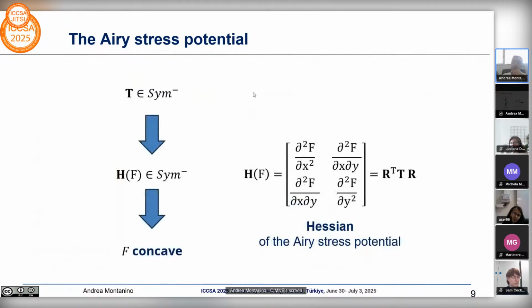Therefore, we have to translate the material condition from a condition on the stress into a condition on the Airy stress potential. If the stress is negative semi-definite, the Hessian of the Airy stress potential is negative semi-definite, meaning that the Airy stress potential is a concave function.